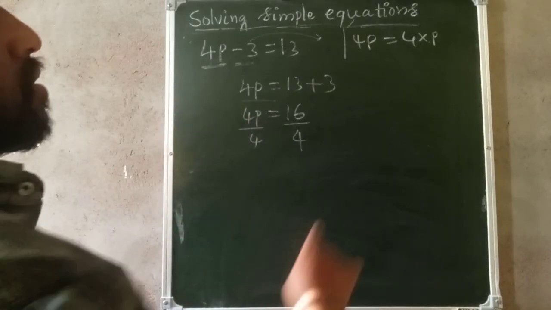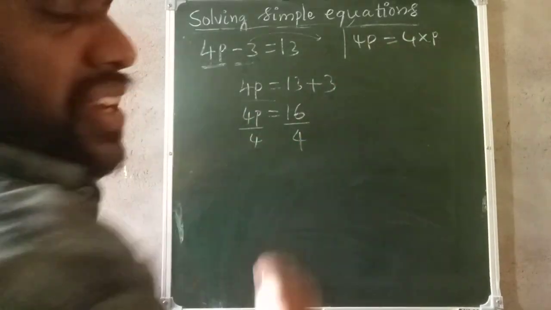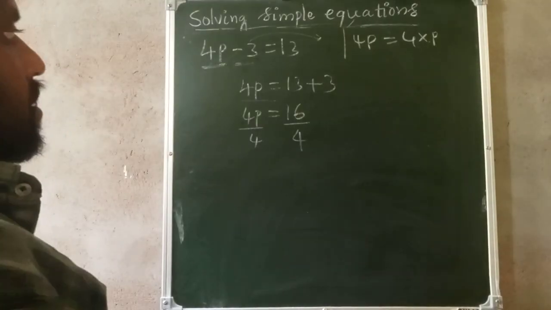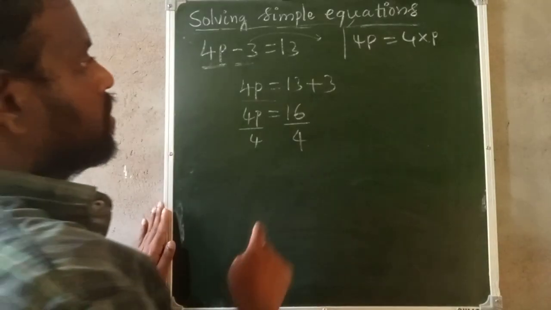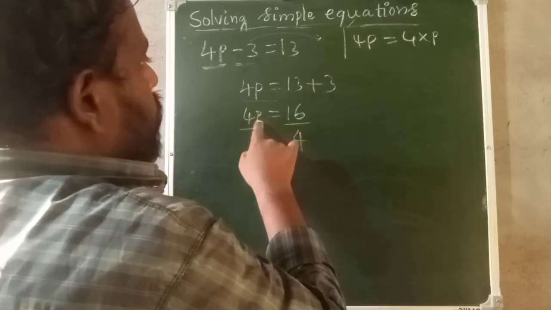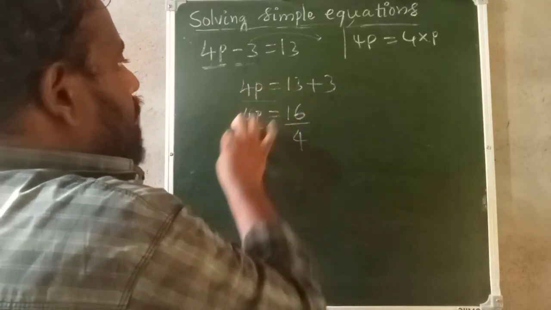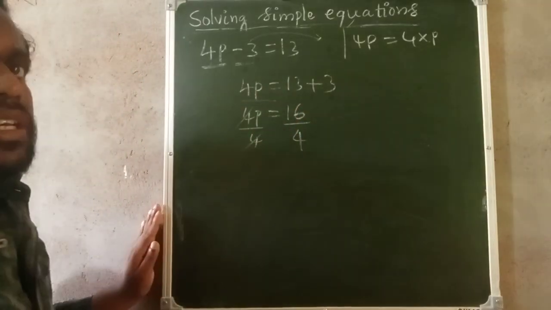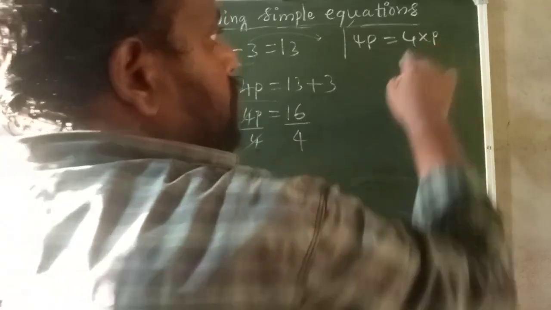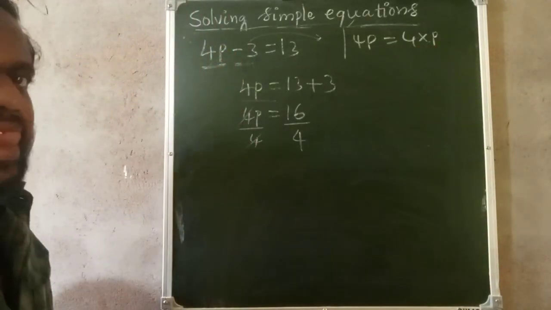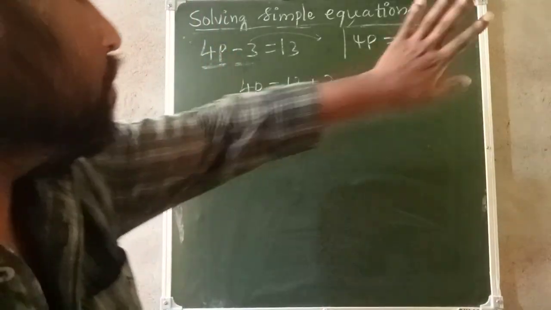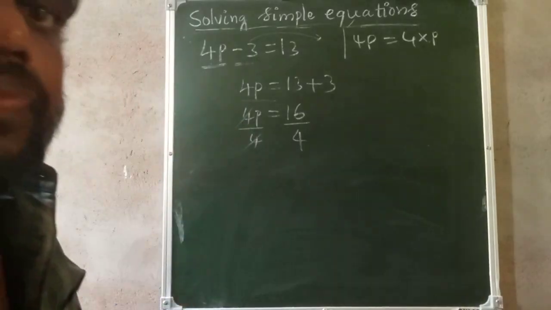Why dividing? Because there is multiplication between 4 and p. Since multiplication is there between 4 and p, we can cancel 4 and 4. If there is plus between 4 and p, we cannot cancel 4. Because of multiplication, we can cancel this 4 and this 4.